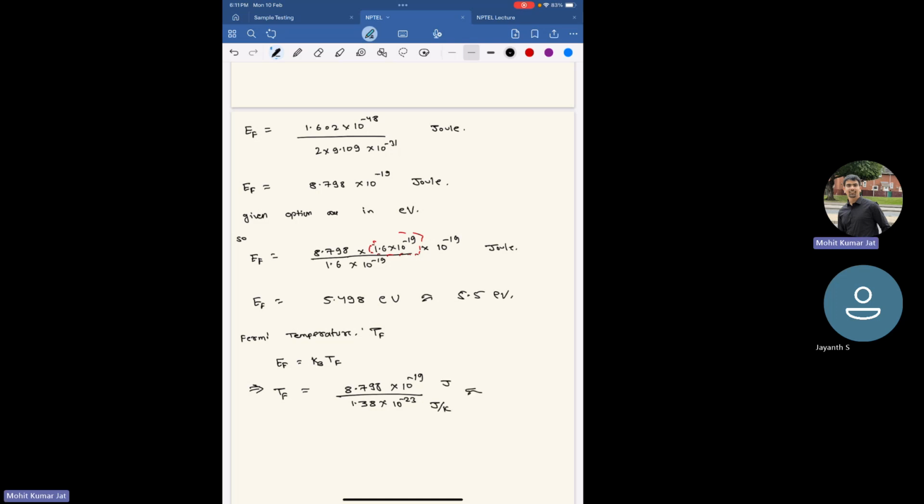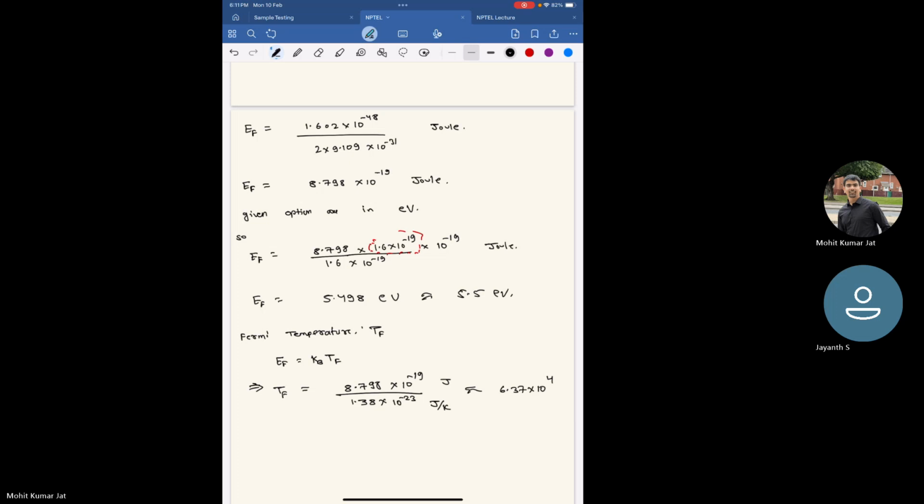If I do a bit of math, let me just use a calculator. 8.798 divided by 1.38 gives me 6.37 into 10 power 4 Kelvin. So let's look at the options.